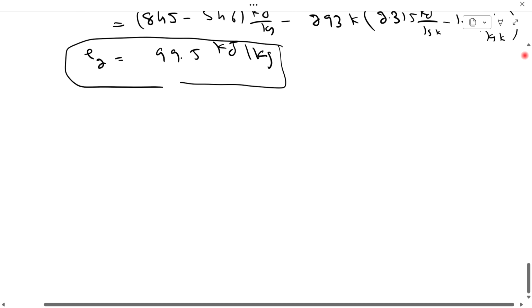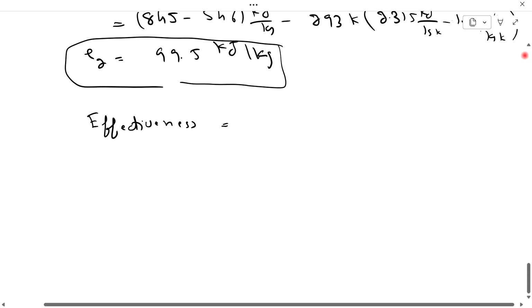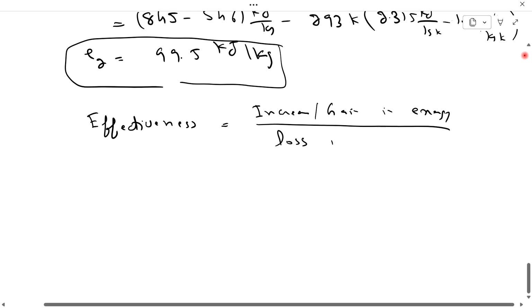Now the formula for effectiveness is the increase or gain in exergy divided by the loss in exergy.